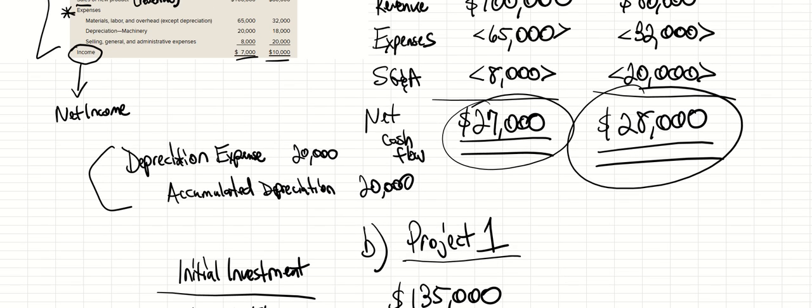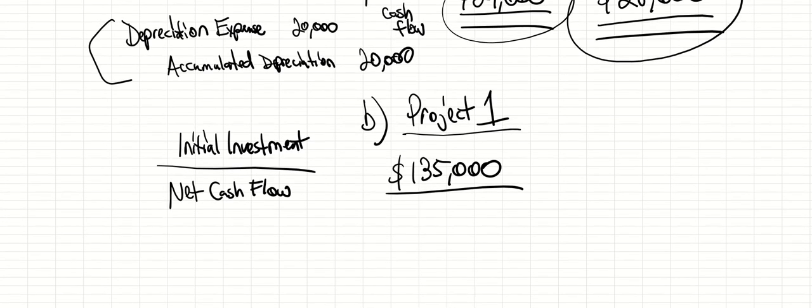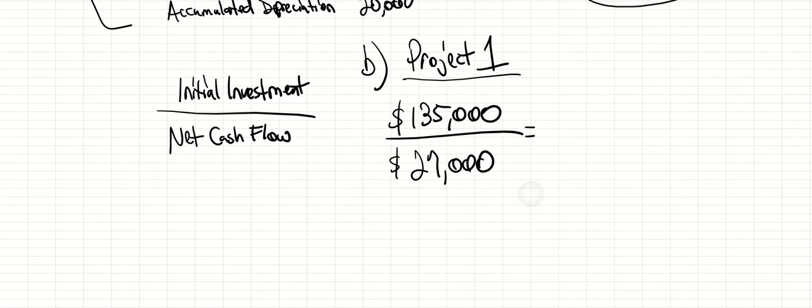That gives us our payback period. For project 1, the initial investment was $135,000, and we divide it by the net cash flow computed in letter A, which is $27,000. So the payback period for project 1 is 5 years. This says that if you take on this project, it's going to take you 5 years to recover your initial investment, given the annual net cash flow of $27,000. Again, these are projections.